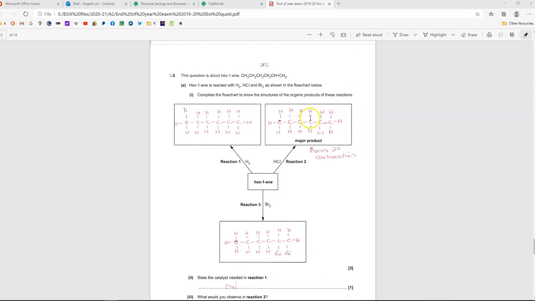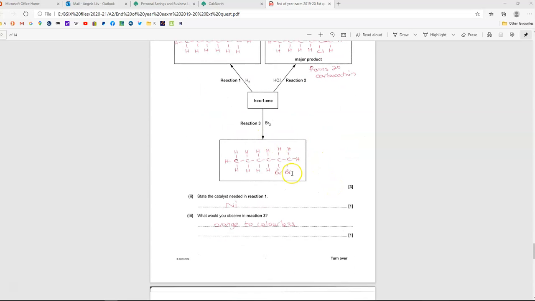This one, a few people got it wrong because you didn't show the major product. Don't forget, it would be the secondary carbocation, that would be the more stable carbocation, and that would be where your chlorine would attach. So your major product would be that. There would be some with the chlorine on the first carbon, but in general it would be on the second carbon.